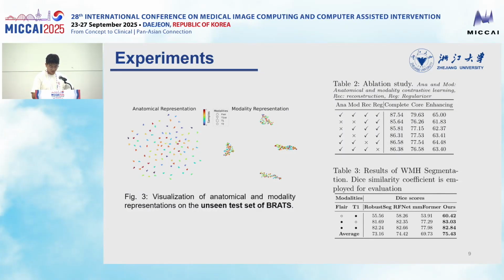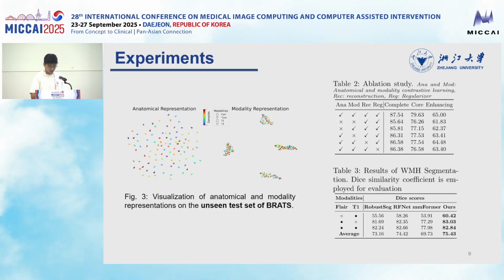Another important visualization result is shown here, which illustrates the anatomical and modality representations on the unseen BRATS test set. In the figure, different colors represent different samples, while the 4 strips represent different modalities. The result is just what we expected.